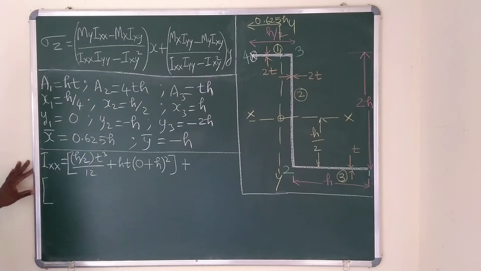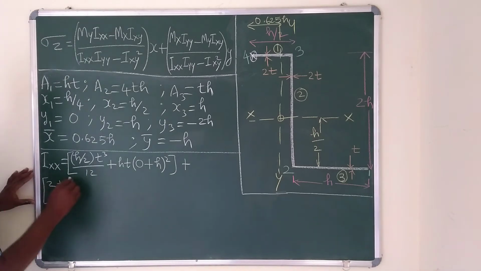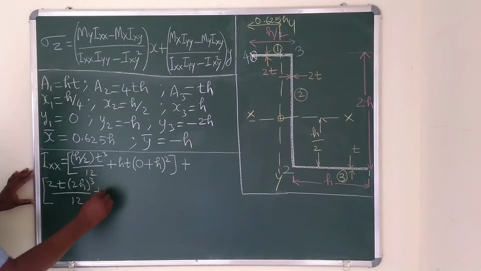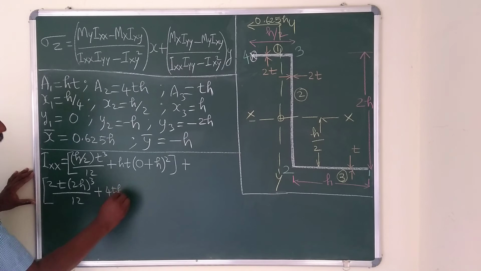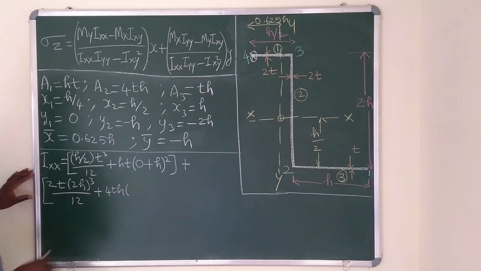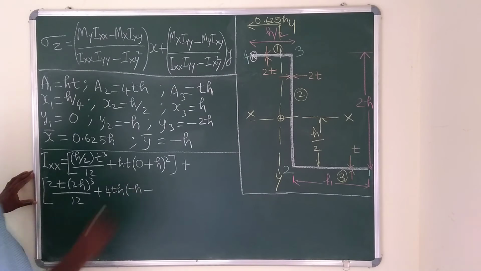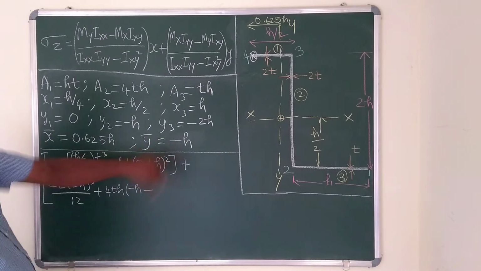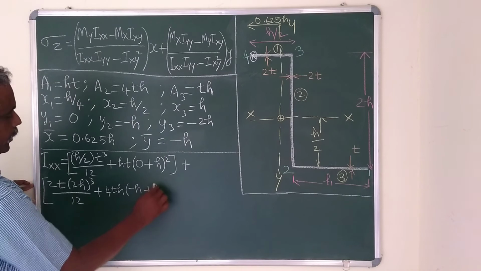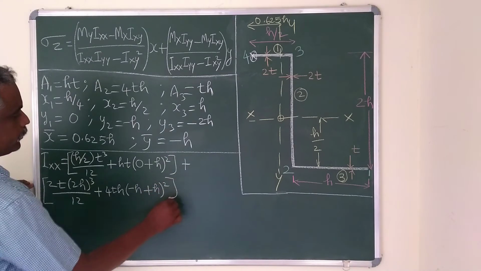Plus section 2, again bd cube by 12, 2t into 2h cube by 12, plus area A2 into (y2 minus y bar). Y2 is minus h, so y2 minus y bar is minus h again; minus into minus is plus h whole square.